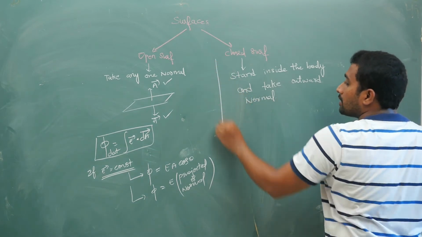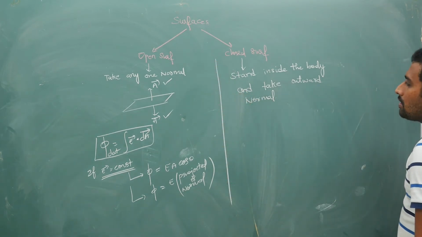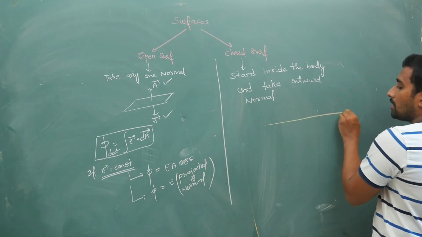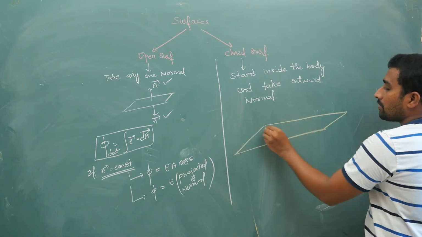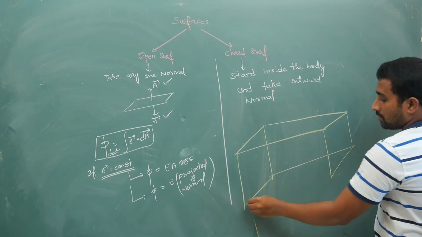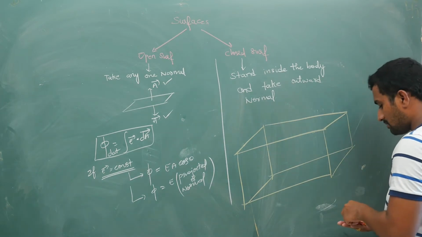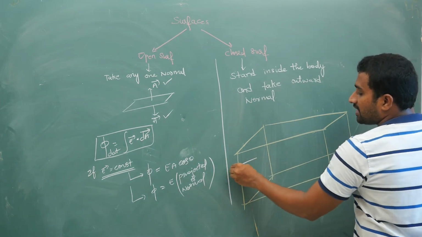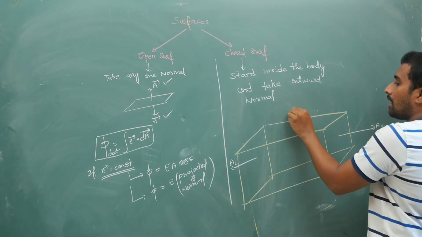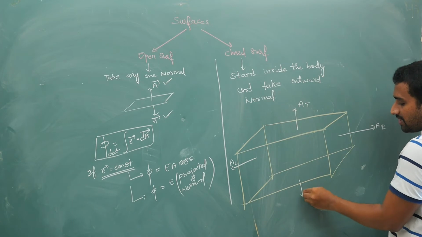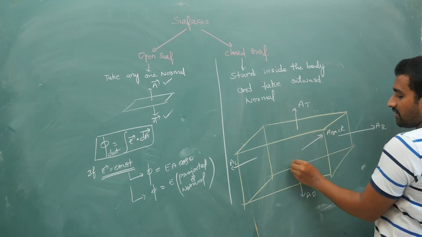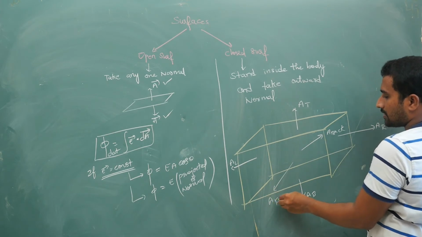Now coming to closed surface. For closed surfaces, what you are supposed to do is take the outward normal. That means, let us say you have a cuboid like this. For this cuboid, what is your outward normal? For left face, A left, for right face, A right, for top face, A top, for bottom face, A bottom, for backward face, A back, and for front face, you have to take A front like this.